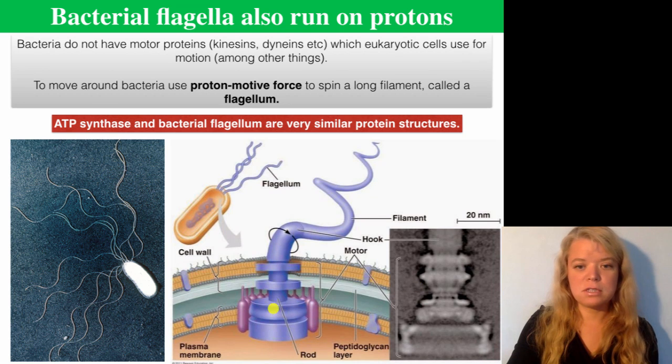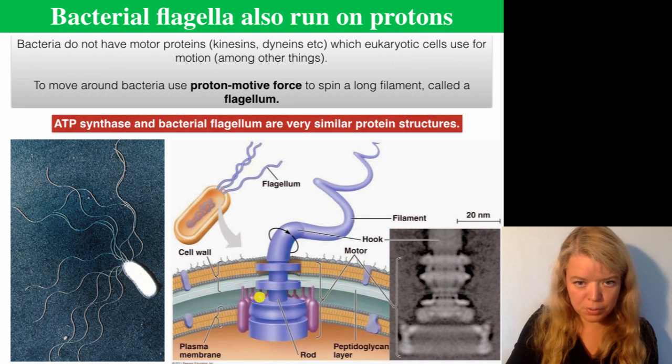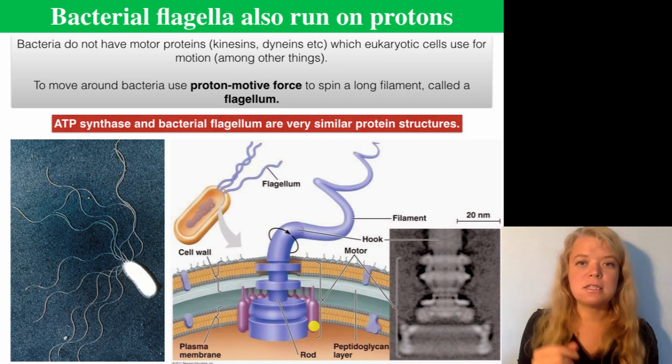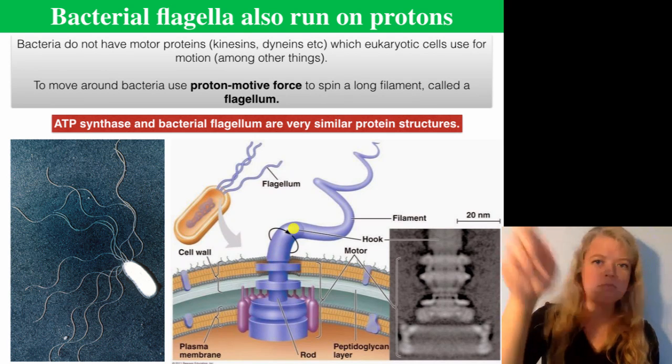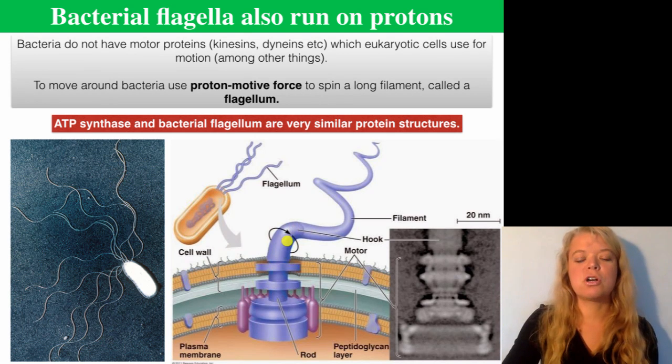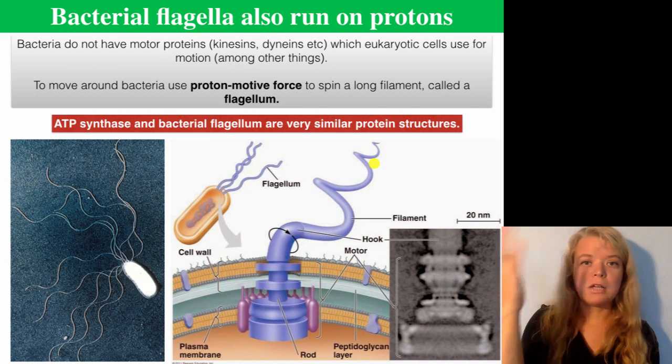We have our little C here. The purple guys are what looks like the C ring that pumps protons, and the motion of the C ring and the pumping of protons is coupled to the rotational motion of this massive protein structure of the bacterial flagellum that allows them to move.